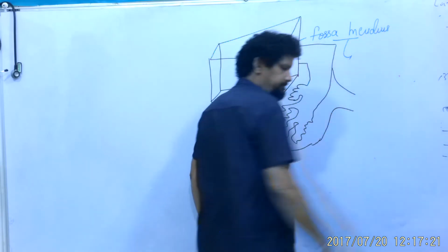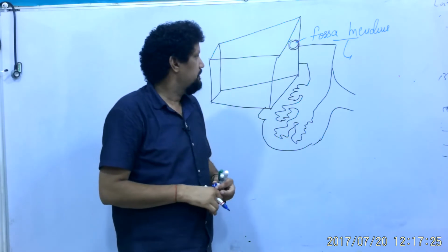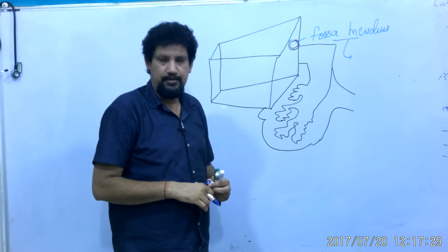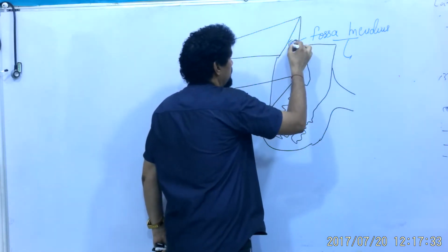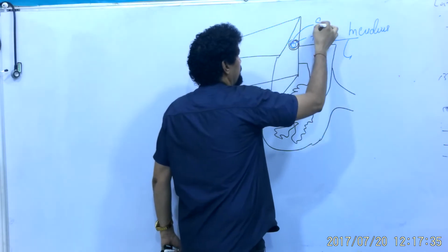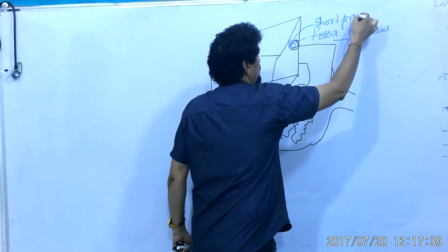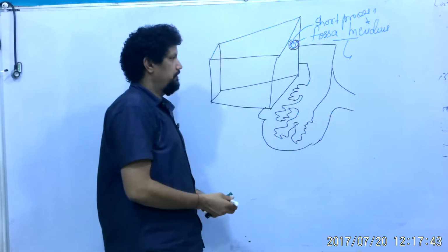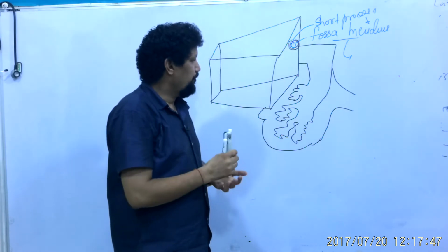This fossa accommodates the small or short process of the incus bone. This fossa is known as the fossa incudis.